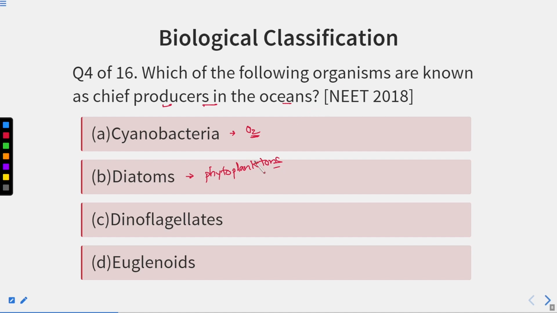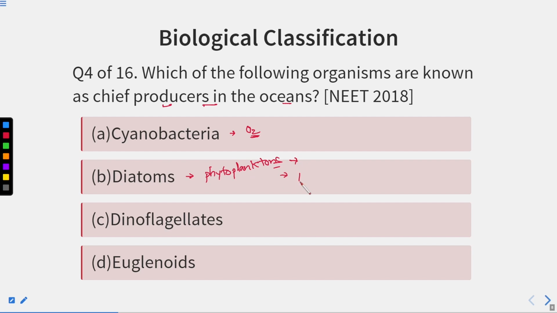Phytoplanktons exist in the sunlit upper layers of the fresh or the marine water bodies. Now these phytoplanktons are huge in number. They are in unlimited quantity in the water. Now these are diatoms.